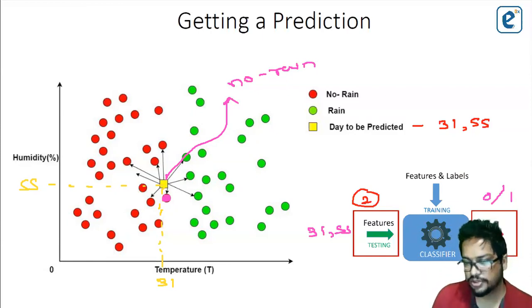Understood, right? So that's how the machine learning k-nearest neighbor algorithm works, right? Okay, now how is it going to measure this distance?